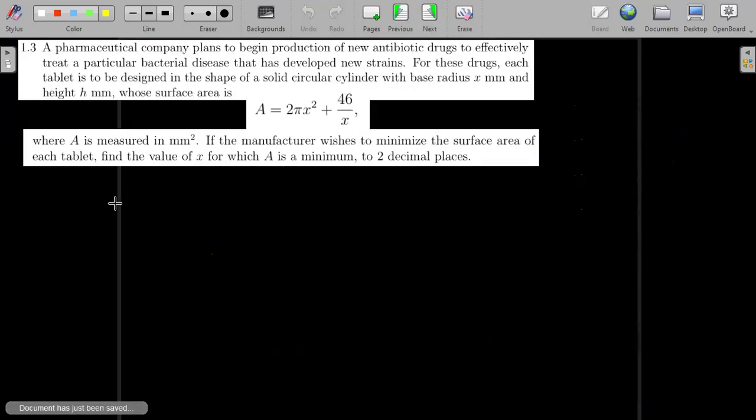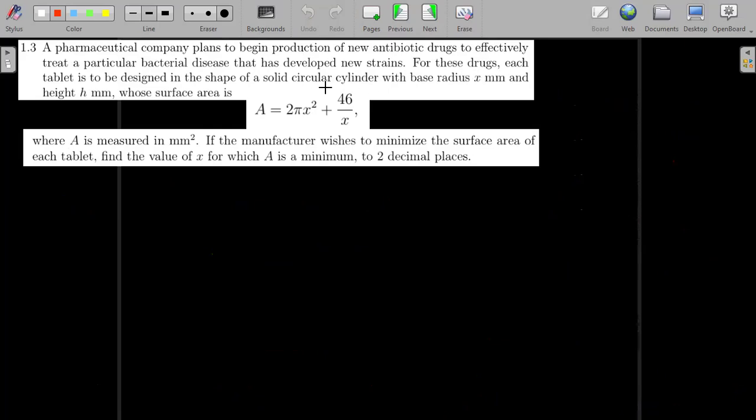Okay, so on question 3, you're just playing with the minimum here, or the turning point. So let's read the question. They're saying, a pharmaceutical company plans to begin production of new antibiotic drugs to effectively treat a particular bacterial disease that has developed new strains.